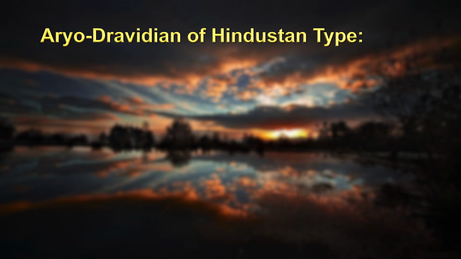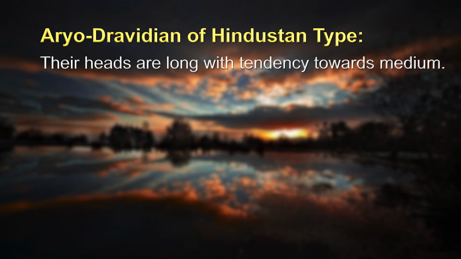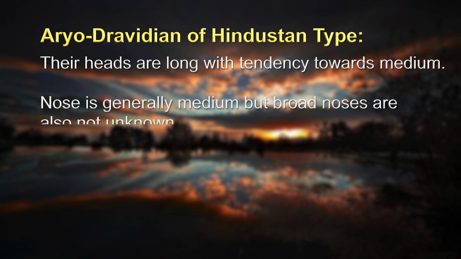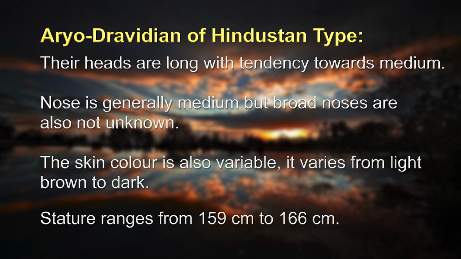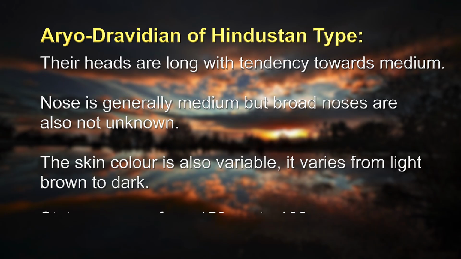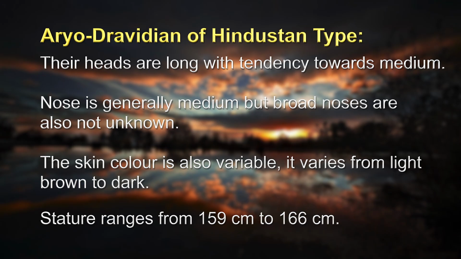Coming to the Aryo-Dravidian of Hindustan type, their heads are long with tendency towards medium. Nose is generally medium, but broad noses are also not unknown. The skin color is also variable. It varies from light brown to dark. Stature ranges from 159 centimeters to 166 centimeters.